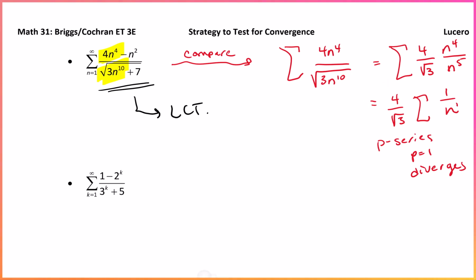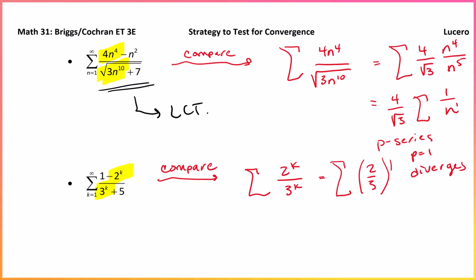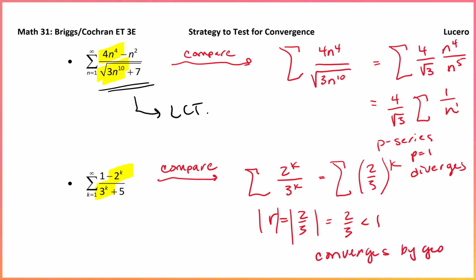And on this one, I see that negative 2 to the k and that 3 to the k. And I'm thinking to myself, you know what? That's looking an awful lot like the geometric series 2 to the k over 3 to the k, which I know is 2/3 to the k, which has an r of 2/3, which of course in absolute value is less than 1, and so that converges by geometric series.